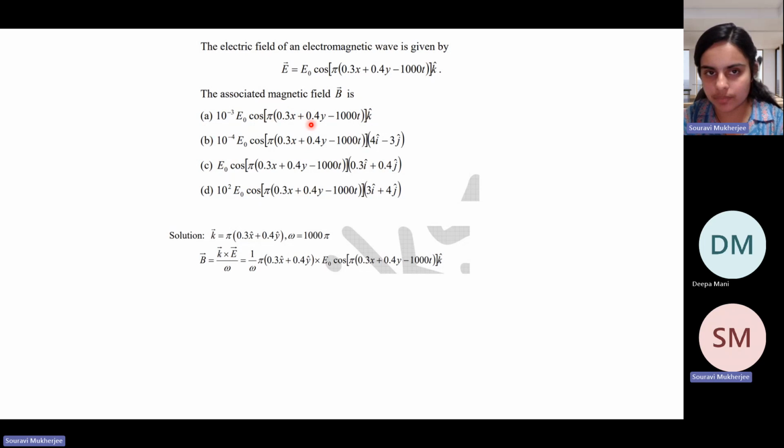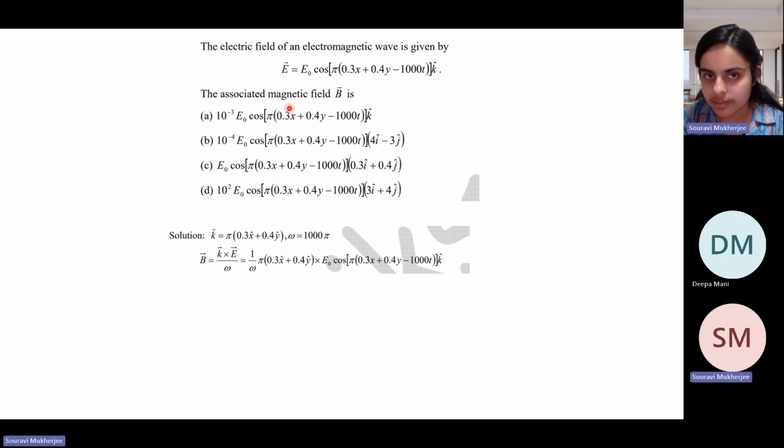Whenever you are writing some electromagnetic wave, your electric field is some sinusoidal function of the form k dot r minus omega t, right? You want to find this k. If you look at the spatial dependent term here, you can tell that k is given as 0.3 pi x cap plus 0.4 pi y cap.